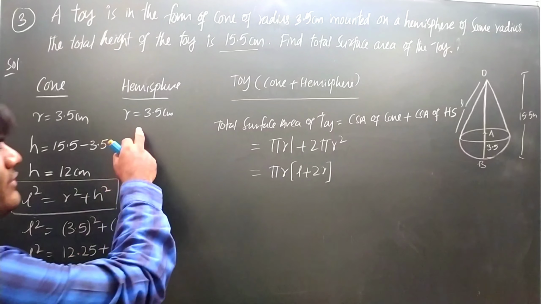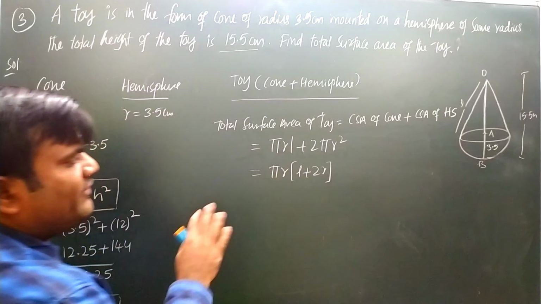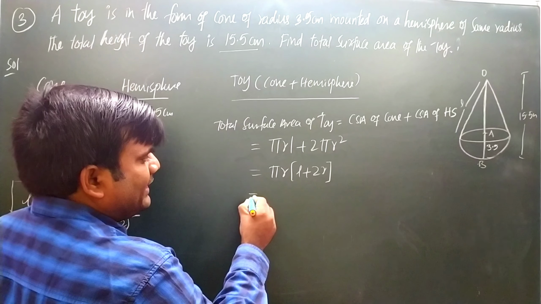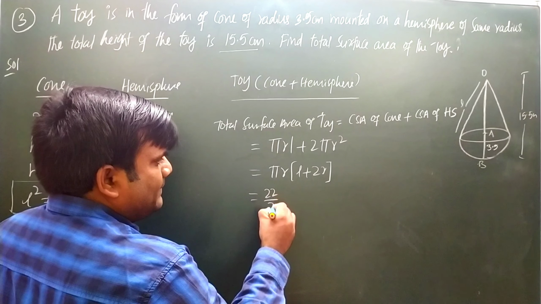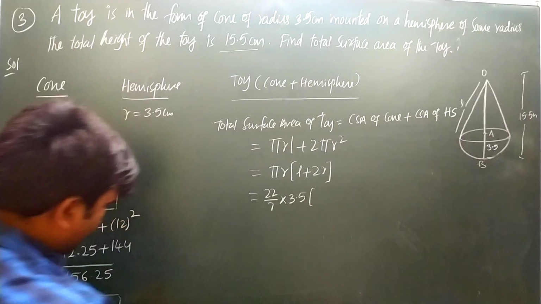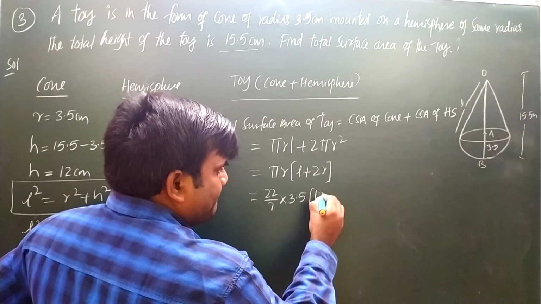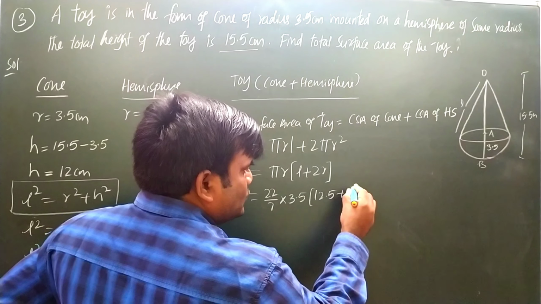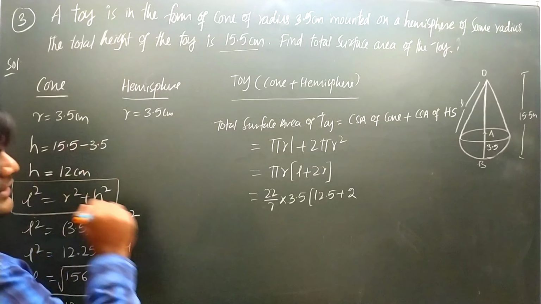Now L value, r value, pi value, all the values replace in this formula. So now pi is 22 by 7, r is equals to 3.5, L, that is 12.5 plus 2 into r is 3.5.